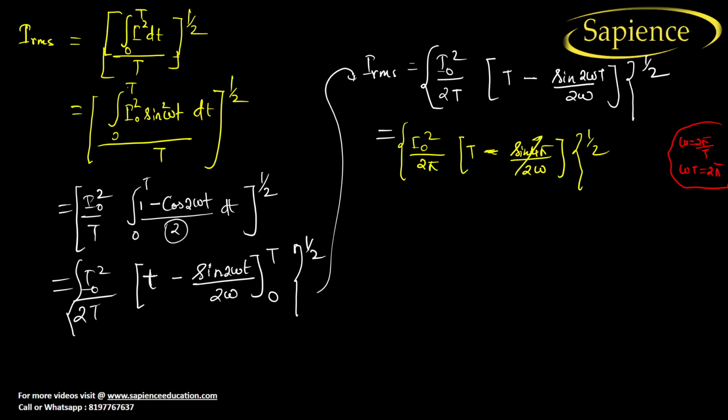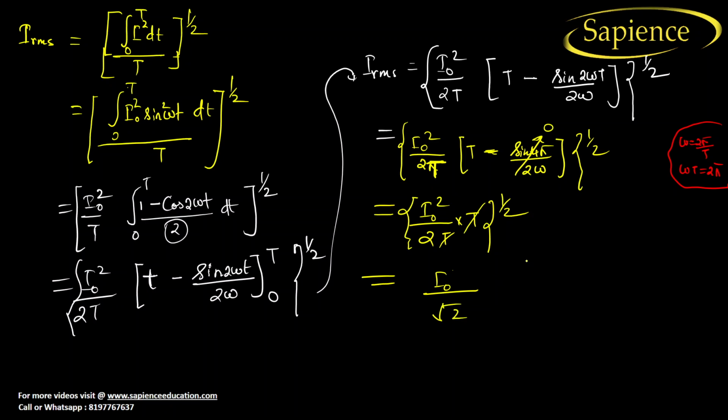As we know that sine 4 pi is 0, so this term will become 0, and this was T. Now when it becomes 0, finally we are getting I naught square by 2 only, because T into T will cancel out, and this whole we are taking as a root or half. So finally when we take out the root, we will get I naught by root 2.